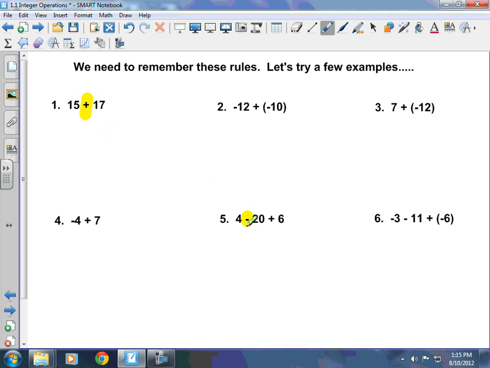And also, this right here does not mean subtract these two numbers. It tells you that the 20 is negative. Now, this may be a little confusing because your 4 is positive, your 20 is negative, so you are going to subtract. But this subtraction sign right here does not tell you to subtract.